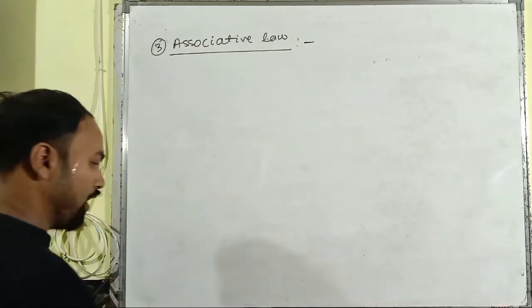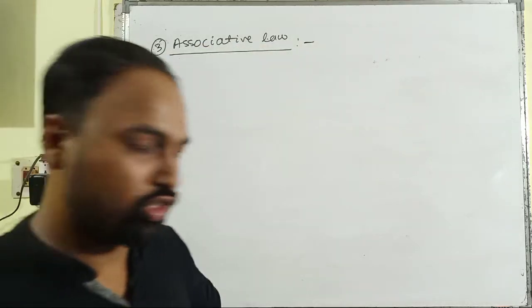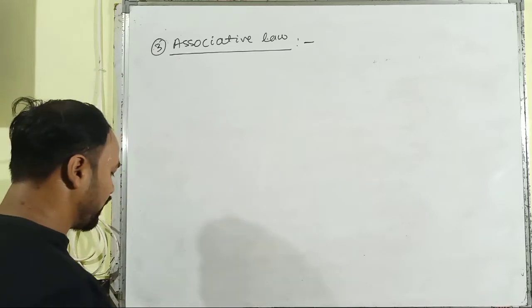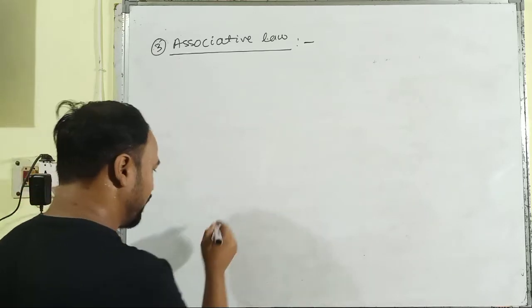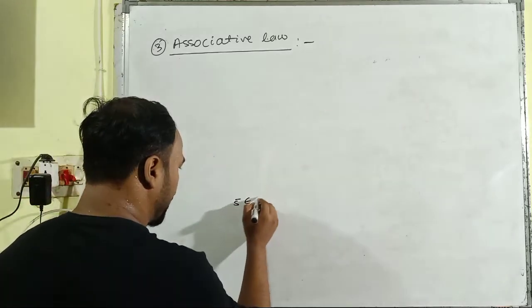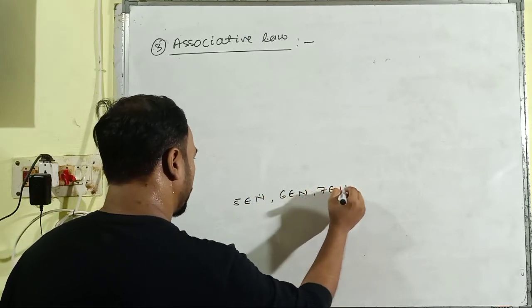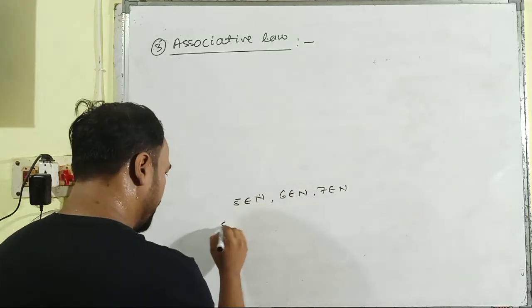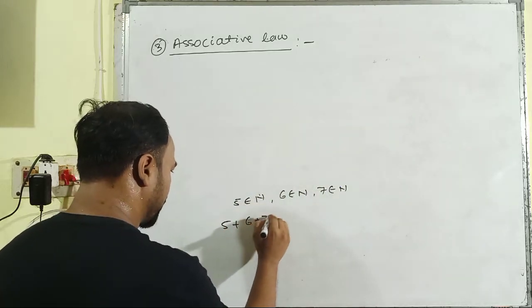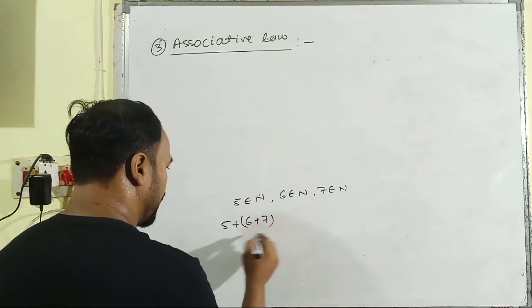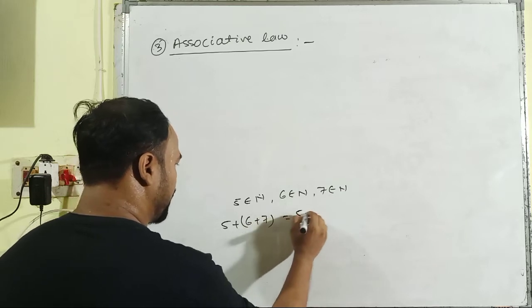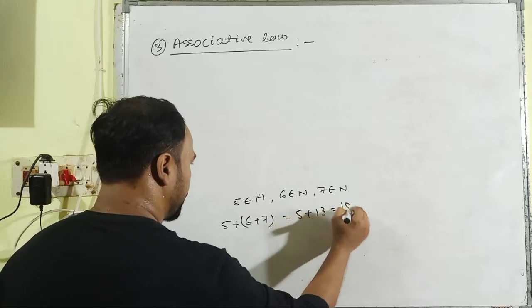And we have to take the help of three complex numbers in the associative law, because in the set of natural numbers, suppose 5 belongs to N, 6 belongs to N, and also 7 belongs to N. Let us take the help of these three. Then 5 plus 6 plus 7, and here it will be 5 plus 13, then it is 18.